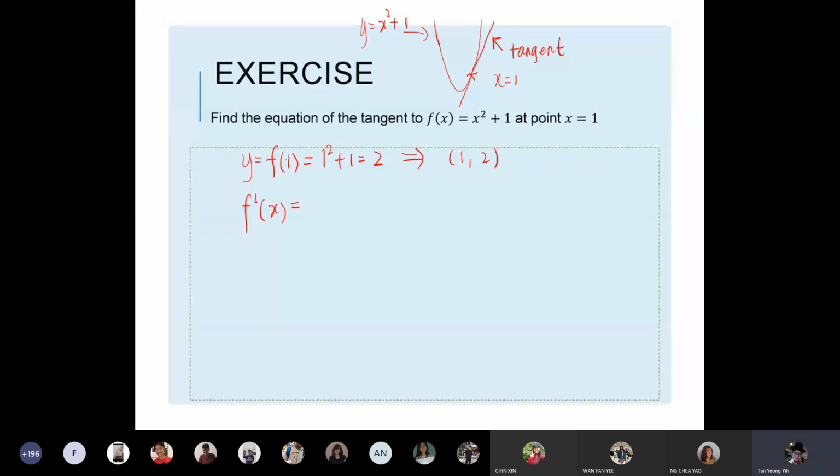To find the slope, we differentiate the function, so we have 2x. When x is 1, the slope will be 2 times 1, which is 2. So we know the slope is 2.